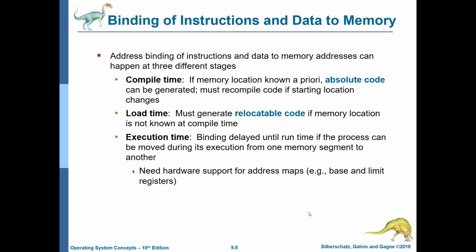We compile the code, and then at load time, the relocatable code that is there is made absolute by setting the values of the registers which we have left unspecified at compile time. Sometimes even at execution time, the binding can be delayed until runtime. For example, let's say the process can be moved, or for other reasons which we shall see later, which involve security. Sometimes even after loading, until the program physically runs, the addresses are not completely determined.